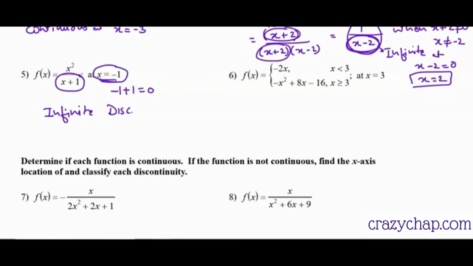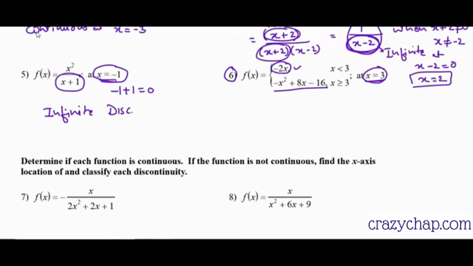Let's try the next question, question number 6. Question number 6 is exactly the way we had done question number 2. We'll check the discontinuity now. At x equal to 3 we have to check the discontinuity. So we'll plug in 3 in both parts, the first section as well as the second section.